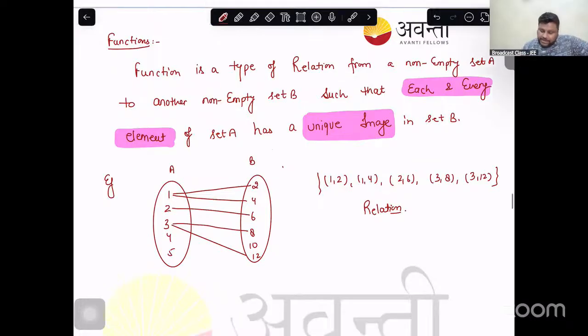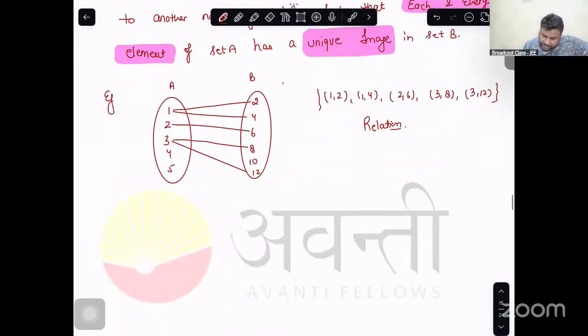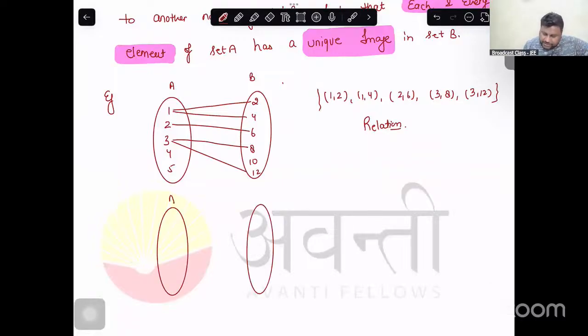To make it a function, the mapping should be something like this. Say this is your set A, this is your B. There are elements 1, 2, 3, 4, 5. There are elements 2, 4, 6, 8, 10, 12. Like 1 goes to 2, 2 goes to 4, 3 goes to 6, 4 goes to 12, and the image of 5 say is 8.